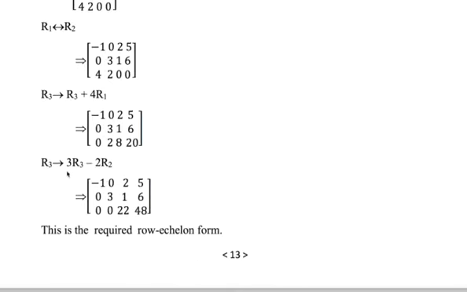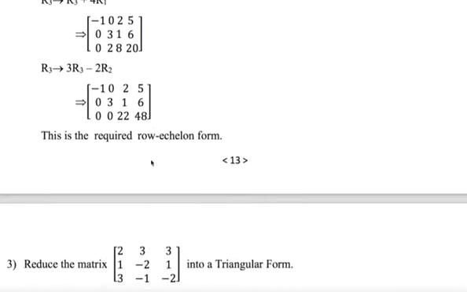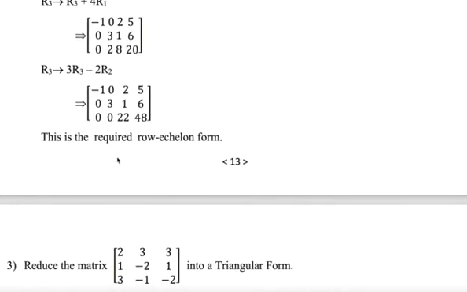Now 3R3 minus 2R2 to make this element 0. 3R3 means 6, minus 2R2, 6. 6 minus 6 is 0. 24 minus 2 is 22. 60 minus 12 is 48. Fine. Is this the required row echelon form?